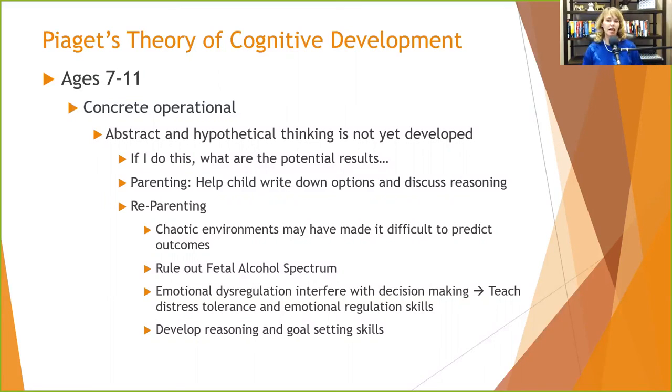Rule out fetal alcohol spectrum disorders. A lot of times, children who have fetal alcohol spectrum, which can happen very easily, come from parents who also have some fetal alcohol spectrum.